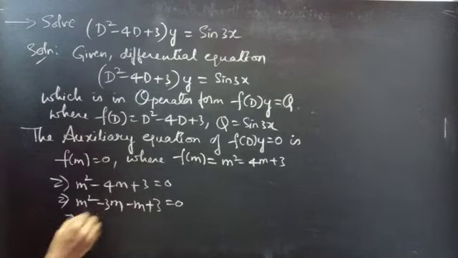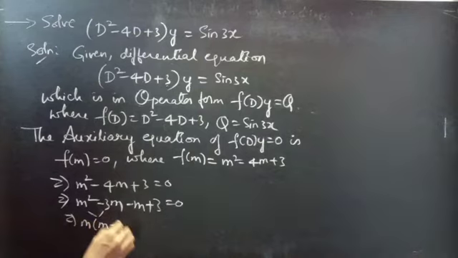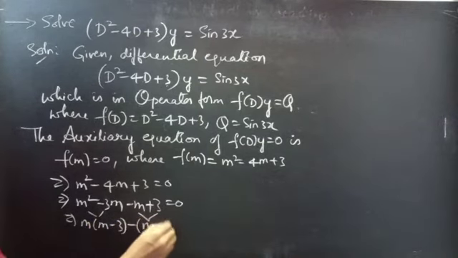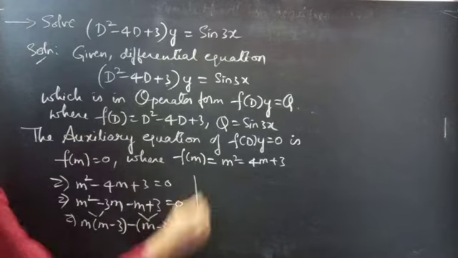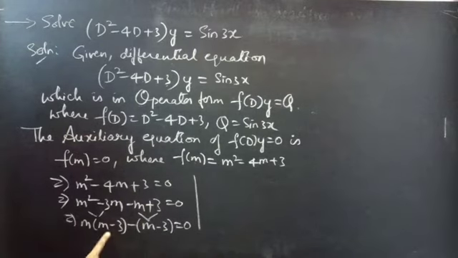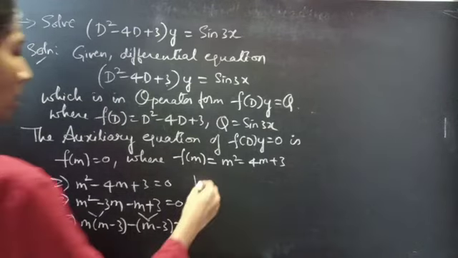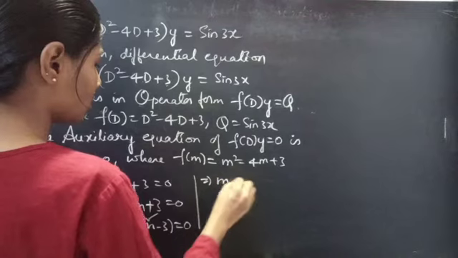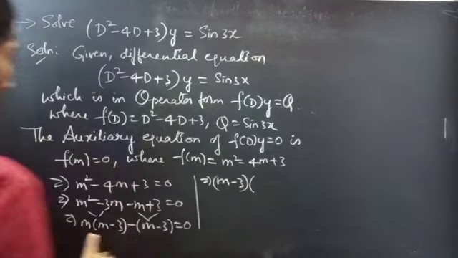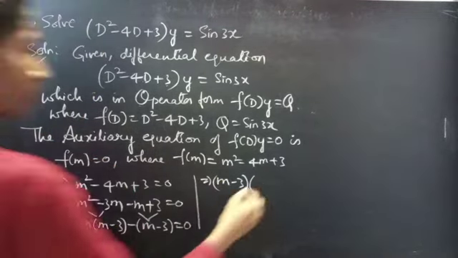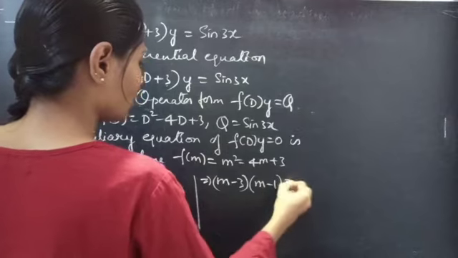Then take m common from the first two terms, you'll get m times m minus 3. Now take minus common from the next two terms, you'll get minus of m minus 3 equals to 0, right? Now we are having m minus 3 in both the terms of LHS. So we'll take m minus 3 common from these two terms, and you'll get m minus 3 into m minus 1 equals to 0.